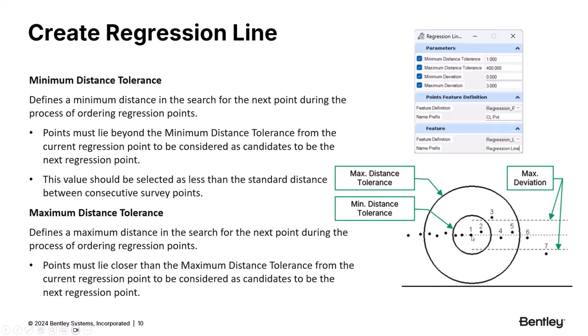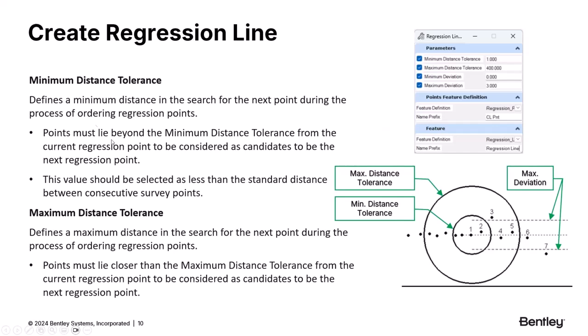So my current regression point is 1, and my previous regression point was this one here. You can see that the minimum distance tolerance defines that particular distance from point 1 to whatever the next collection of points may be, and the maximum distance tolerance is the maximum distance from that current point to where the next collection of points would be.